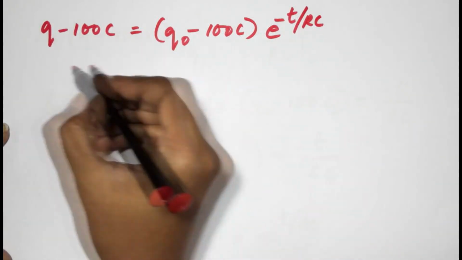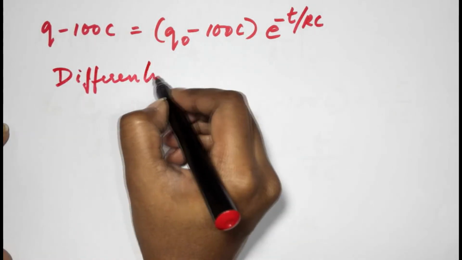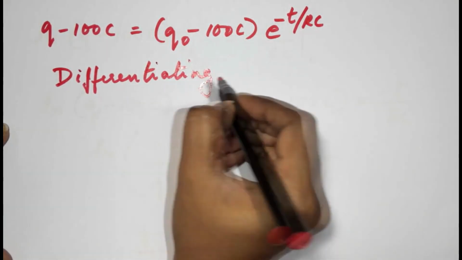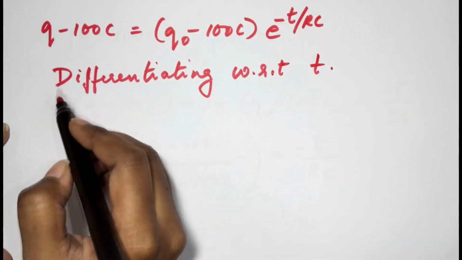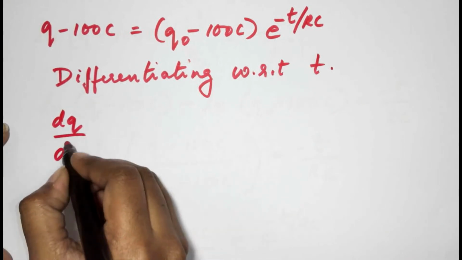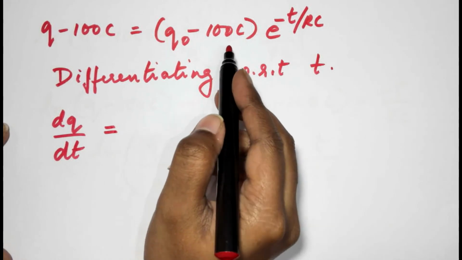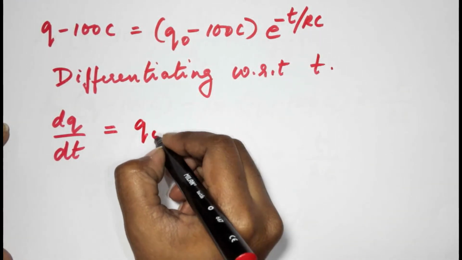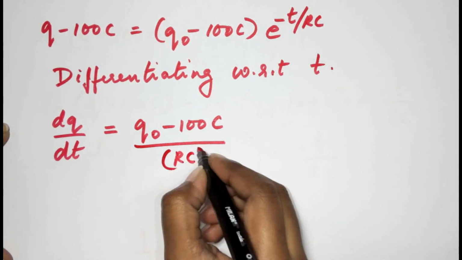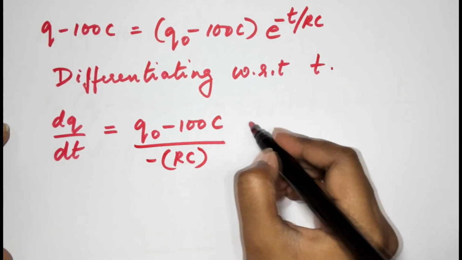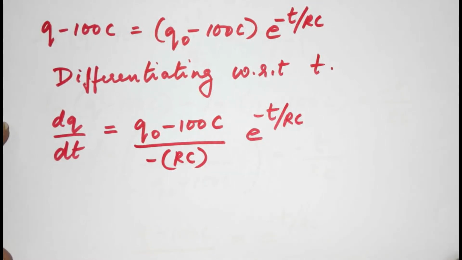Okay, so we are differentiating with respect to t. When we do that, Q becomes dQ by dt, the constant cancels out, and that equals Q0 minus 100C divided by RC, that's negative, times e power minus t by RC.